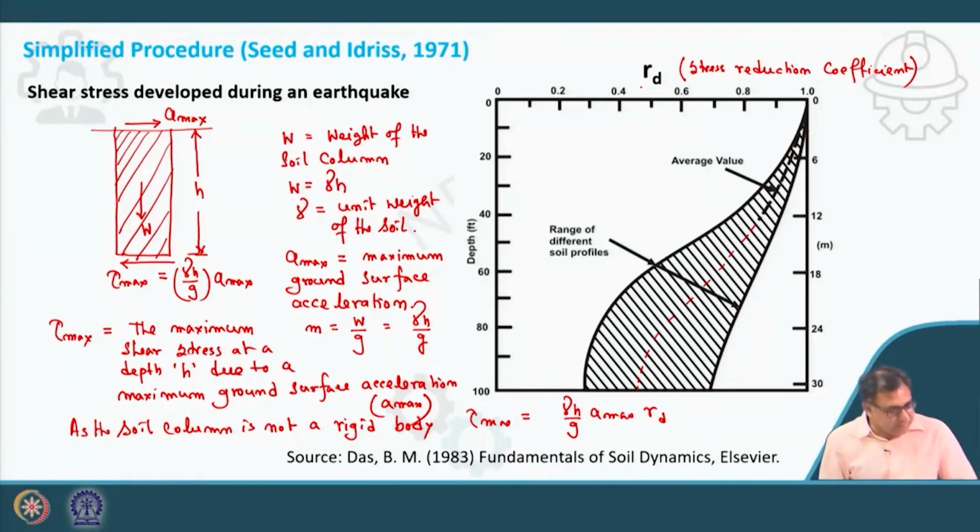Now, the next step is our real earthquake shear stress versus time history.